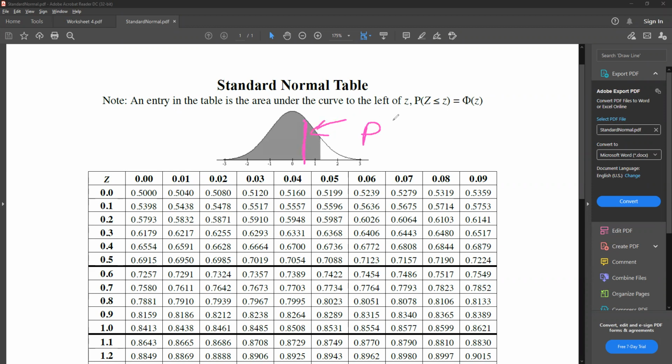We are looking for an area in the left tail, and the values are provided here. So 0.5 is 0.69, the same as we calculated before. And if you recall, the standard normal distribution has a mean of 0 and variance of 1. So it is also symmetric about 0.